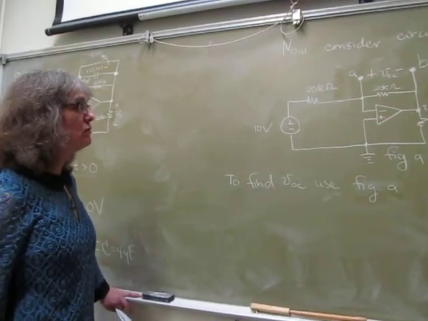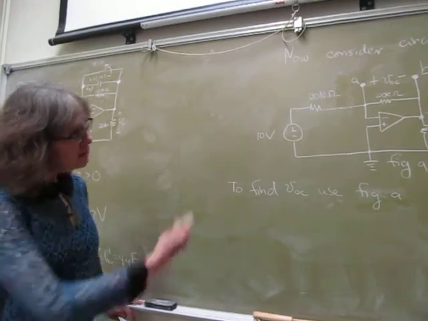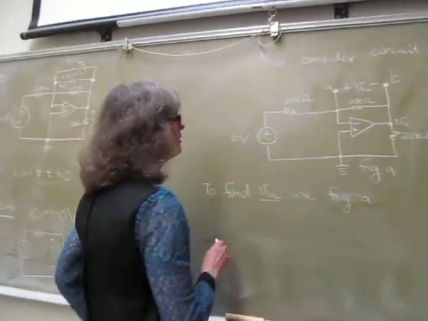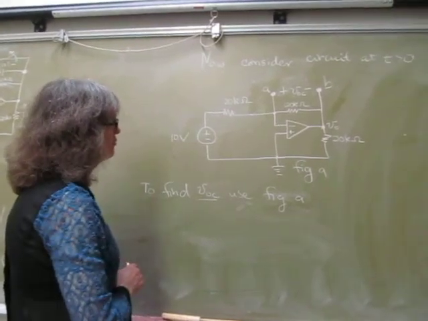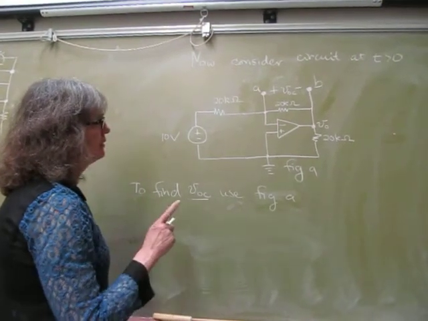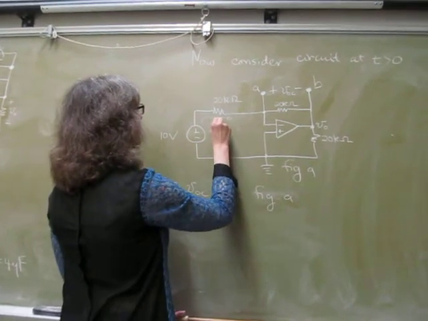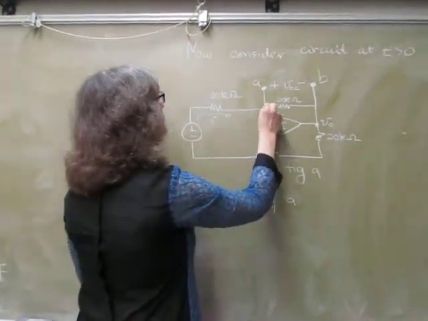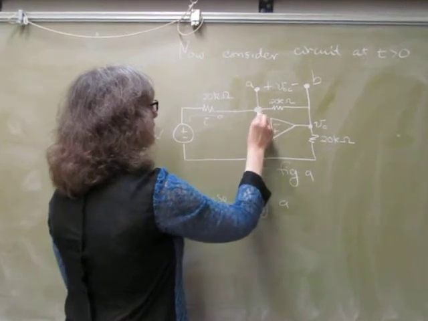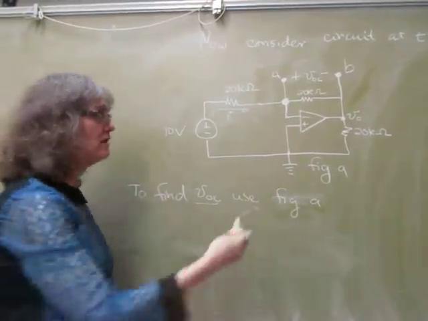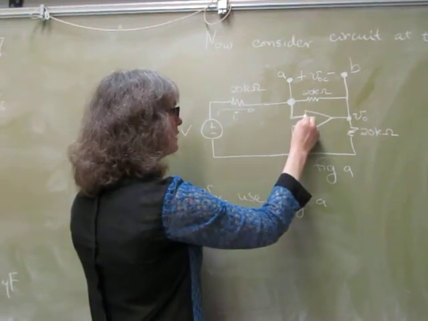All right, so then we can just do an analysis of this problem to find VOC. And actually, we can almost do this just by inspection. Here's how. I have a current going here. Let's just call it I. When it reaches this node, it can't go this way, right? Because it's an ideal op-amp. And remember, for an ideal op-amp, this current is 0.